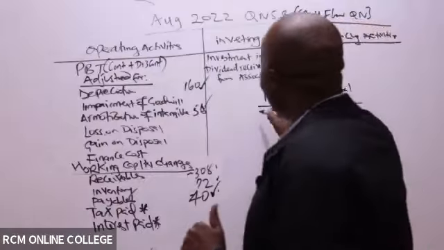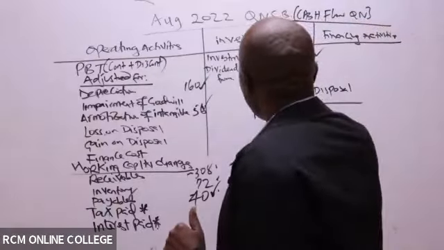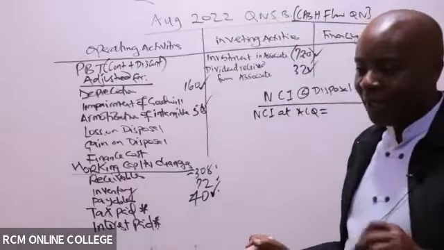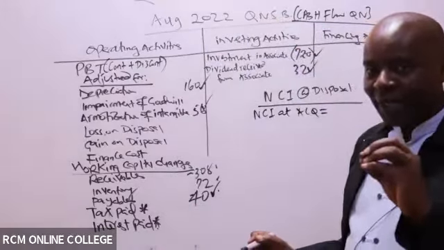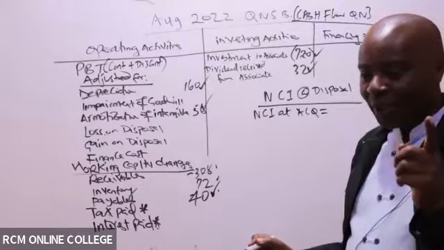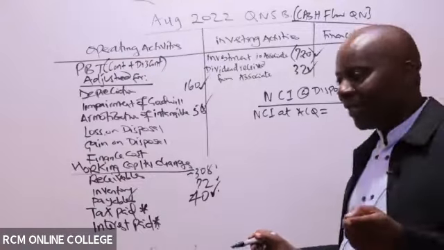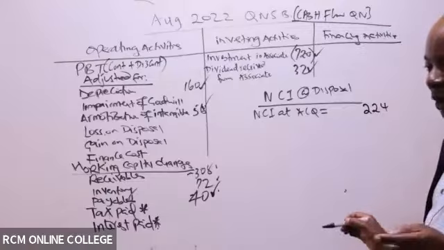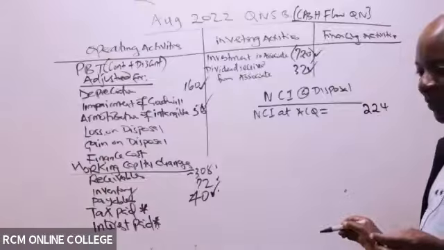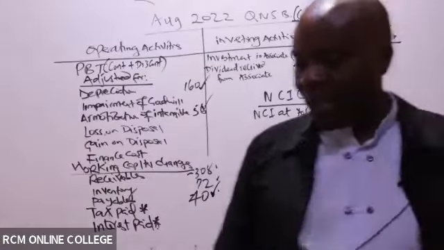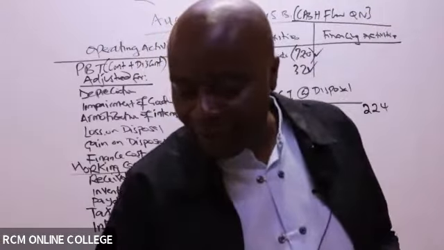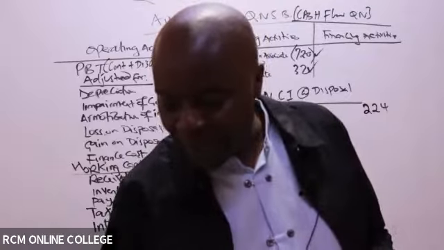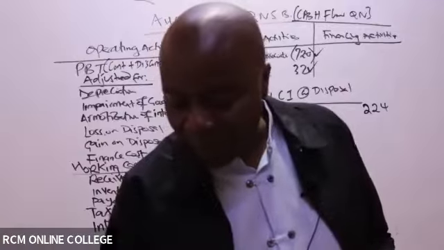Because I'm looking at the NCI of the subsidiary that was disposed, give me the NCI at acquisition, the figure that you took when you were calculating the goodwill. It is 224. How does this NCI change? What makes this NCI keep on fluctuating?